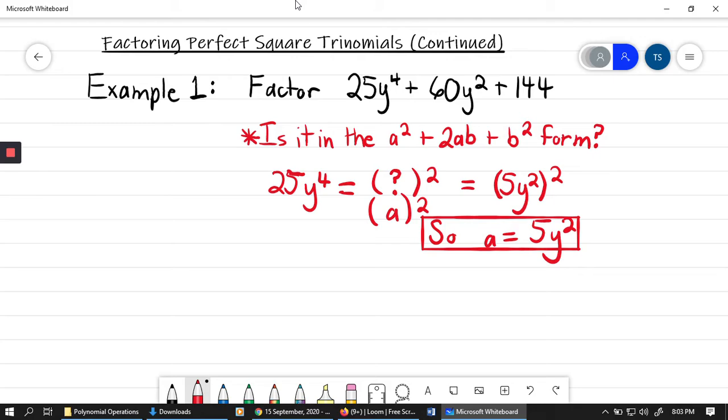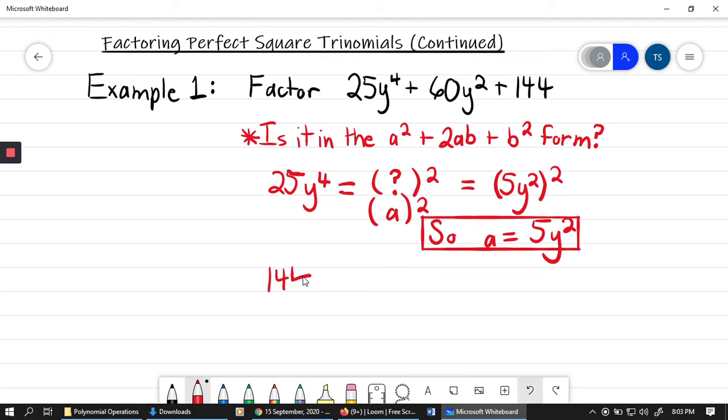Again, a is 5y squared, and that came from looking at the leading term, 25y to the fourth. Next we look at the constant term, which is 144.